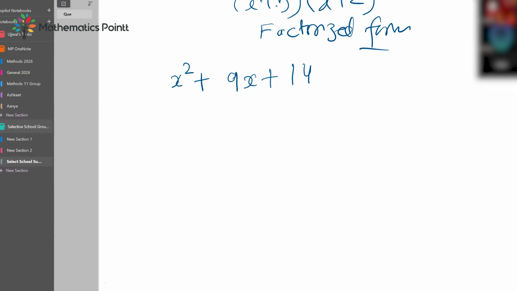Okay. So when you haven't got anything written with your variable, one is always there. So pick up the first and the last term, and multiply both of them.